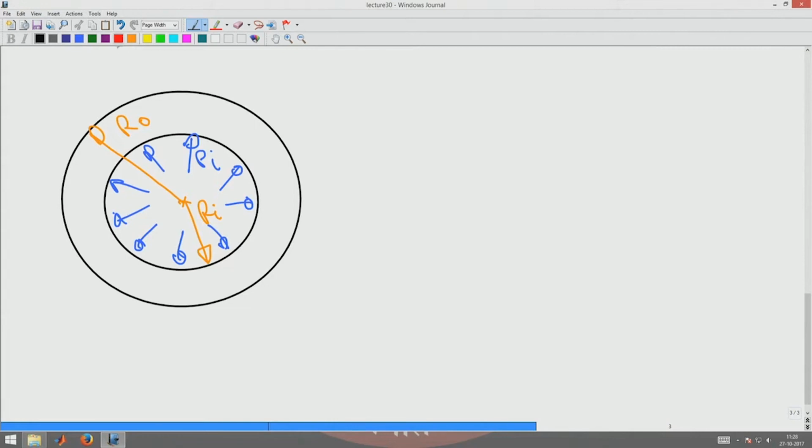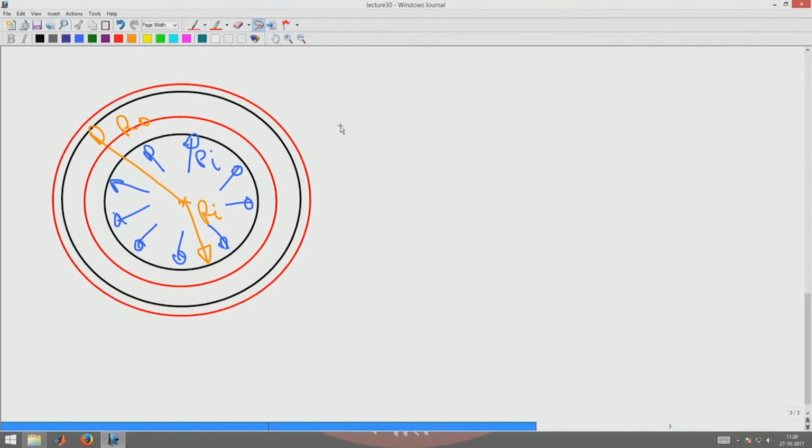So basically what you expect is the circle to deform to another circle like that. You expect this inner circle to deform into a circle which is shown in red color here. Now similarly the outer circle will also expand and deform into another circle as shown there.